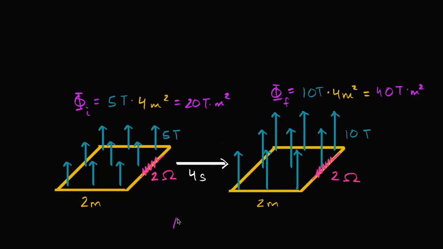Our change in flux, which is going to be our final flux minus our initial flux, is going to be 40 Tesla meter squared minus 20 Tesla meter squared, which is just going to be 20 Tesla meter squared. So we figured out the change in flux. We actually know the change in time. It's going to be 4 seconds. And actually using that, we can now figure out what the voltage induced is going to be.